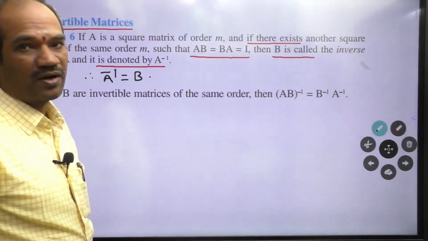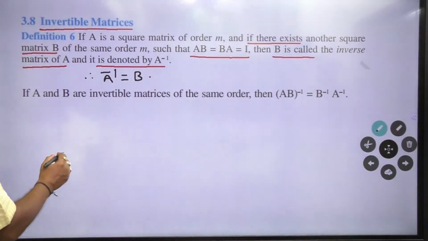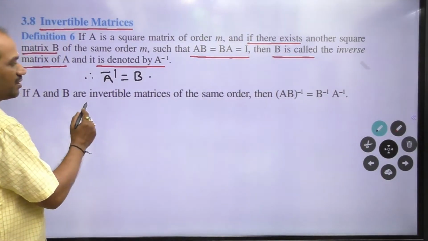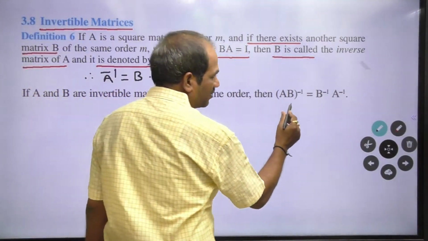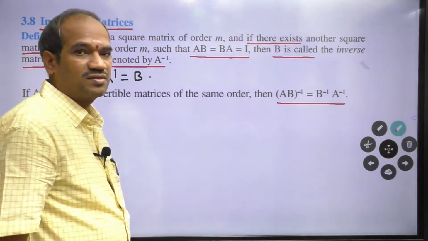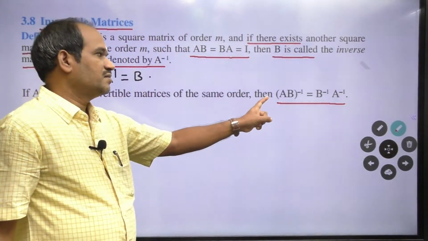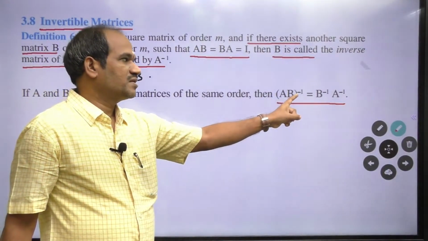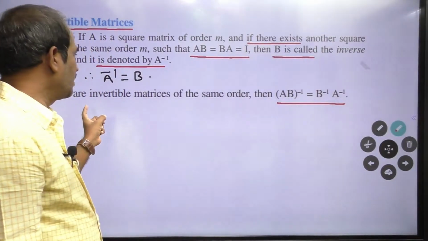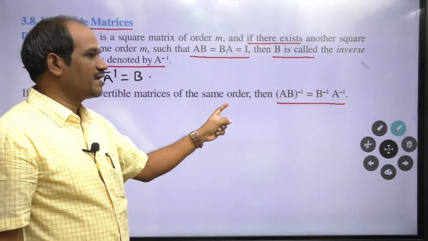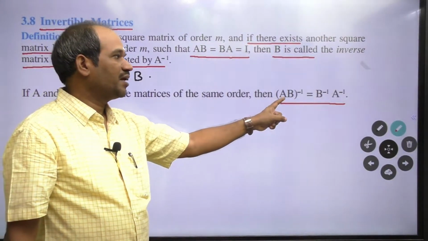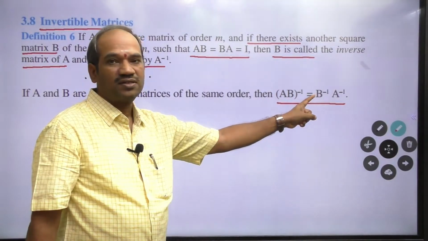Write property 1 formula. If A and B are invertible matrices of the same order, then (AB) whole inverse is equal to B inverse into A inverse.